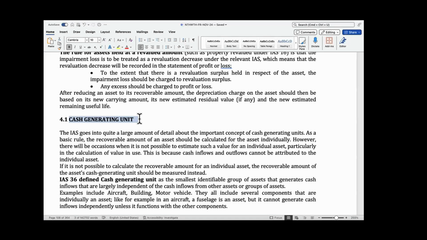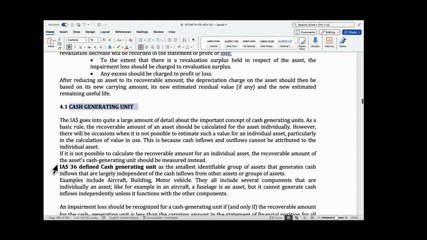As far as IAS 36 is concerned, that is why the cash generating unit is coming up. The definition of a cash generating unit is the smallest identifiable group of assets that generates cash inflows that are largely independent of the cash inflows from other assets or groups of assets.